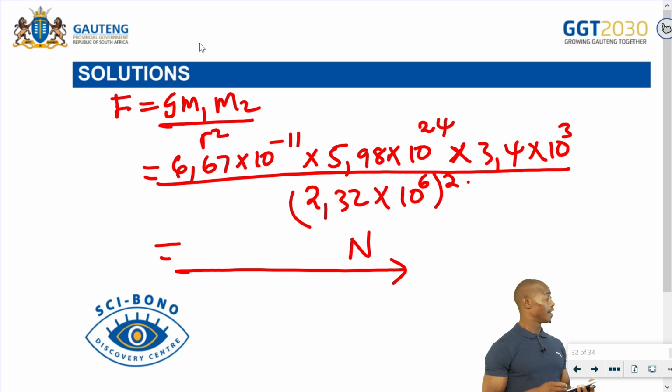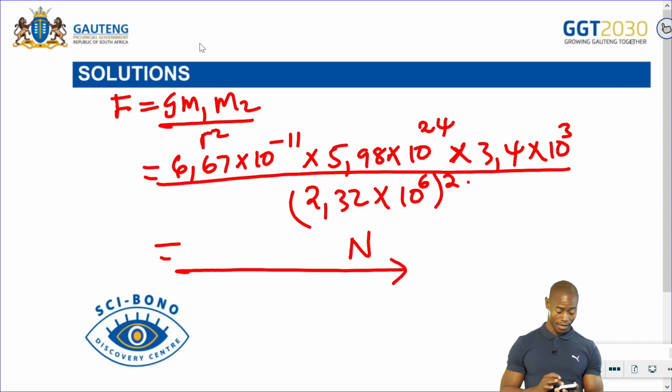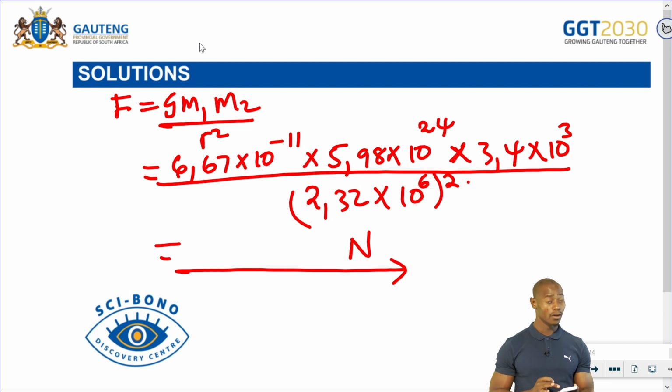Okay, multiply that by 5.98 times 10 to the power 24. Multiply that by 3.4 times 10 exponent 3.